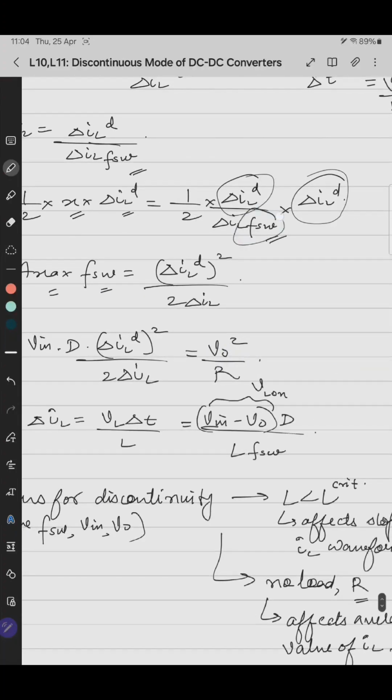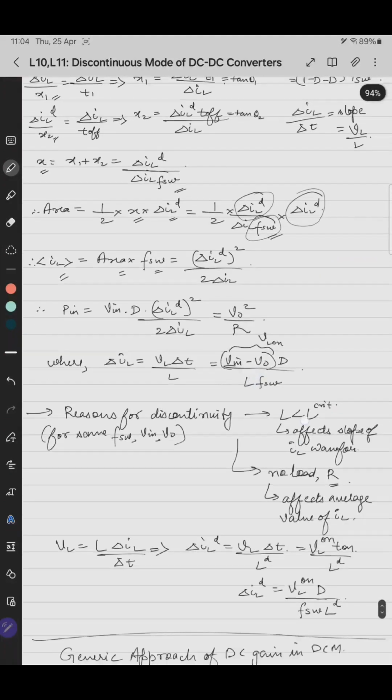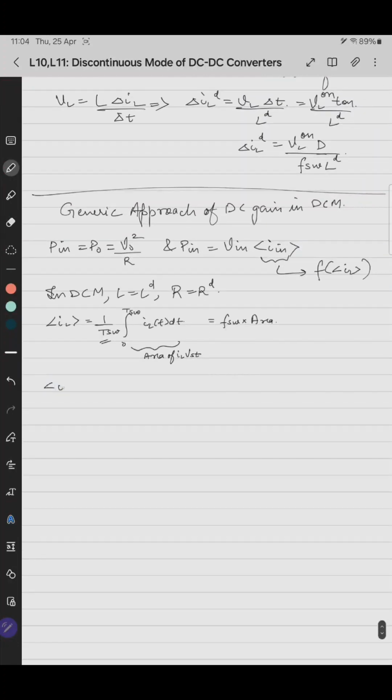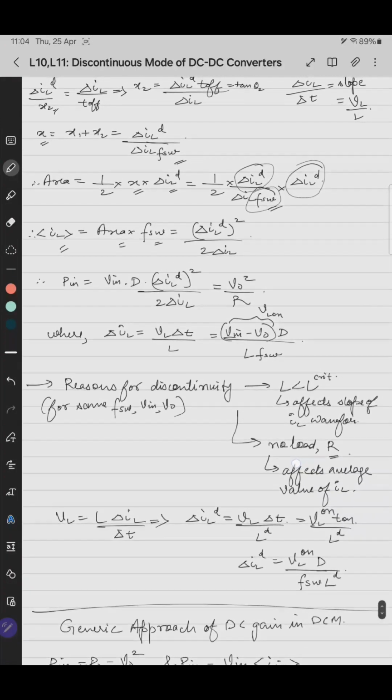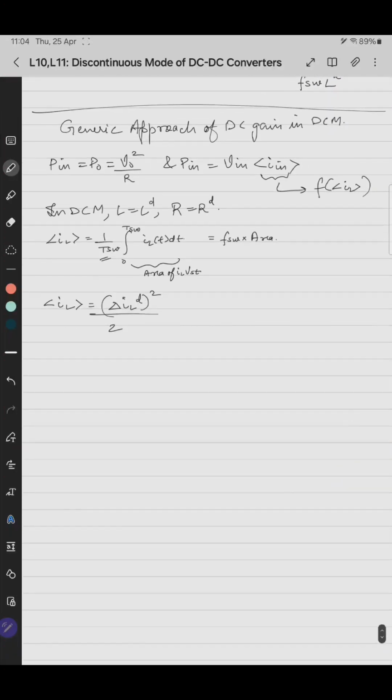The switching frequency gets cancelled because it is multiplied. So I'll write the average value of IL is delta IL of d whole square by 2 into delta IL.